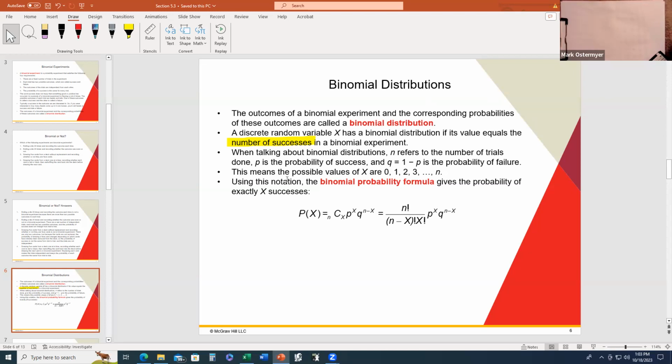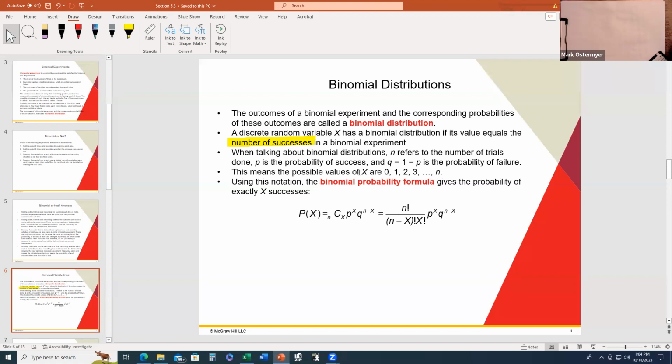This means the possible values of x are either having 0 successes out of n trials, or 1 success, or 2 successes, or 3, or 4, or 5 successes, or ... n minus 2 successes, or n minus 1 success, or n successes in n trials. Those are the values that x can assume.